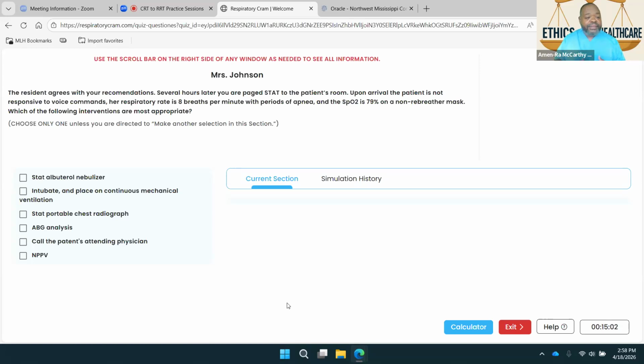So I'm going to look at the list. Do we want to start on albuterol? No, nothing in here says anything about albuterol. What about intubate and put her on the vent?